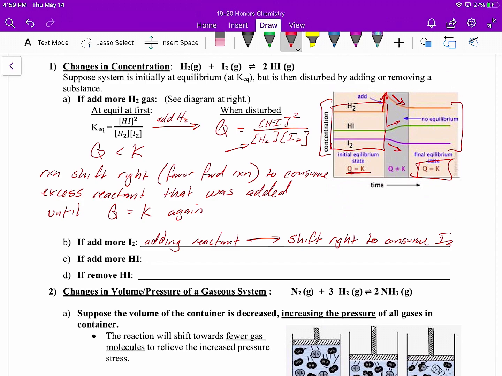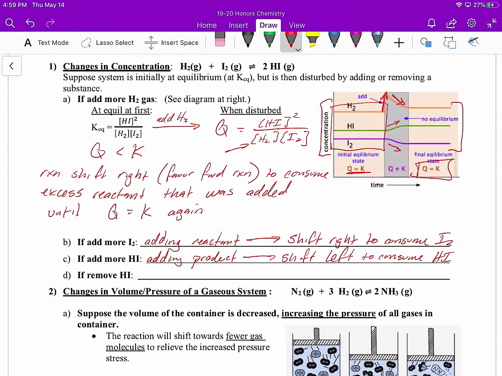Now, if you add more HI, on the other hand, you're adding something to the right. You're adding product. If you add product, then we have to shift to the left to consume the HI.